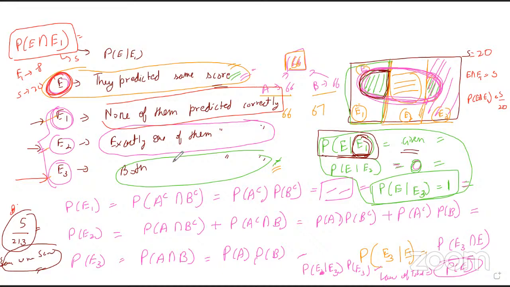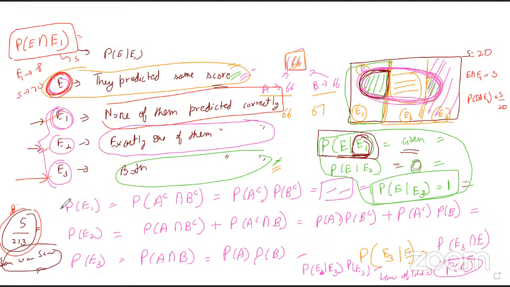So my answer is that in the question it is given 5/213 that they are predicting the same wrong score. And the question is asking, given that they predicted the same score, what is the probability of predicting them right? So if they are predicting the same score wrong with 5/213, it will be 1 minus 5/213 for correct.